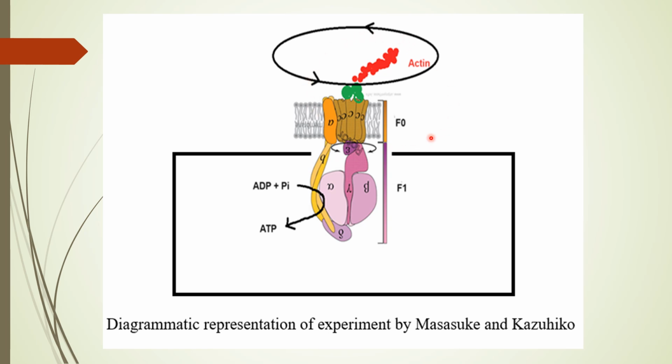As I've told you, it was at a jerk of 120 degrees at a time. So as it is moving, the entire gamma subunit was moving and the shaft was moving. So here this is moving and this C is also moving, thereby contributing to pumping of protons and ATP synthesis. That is how it is taking place.